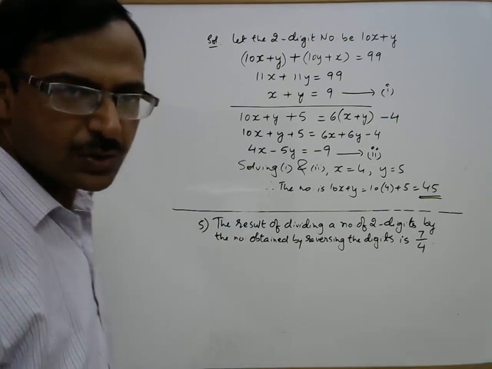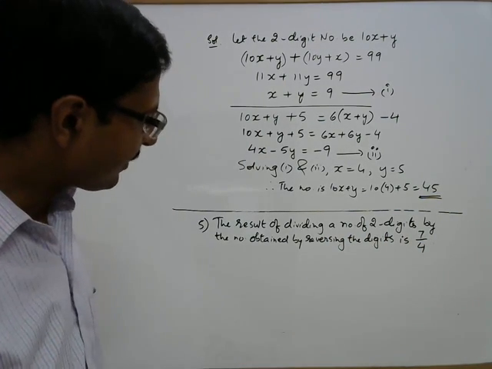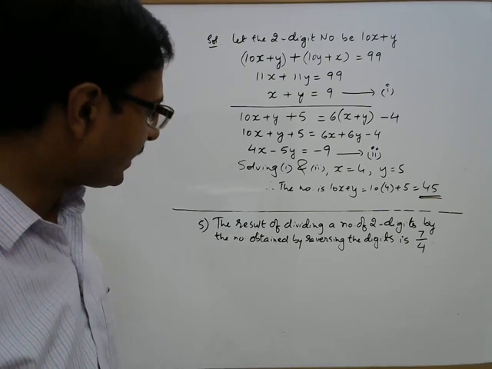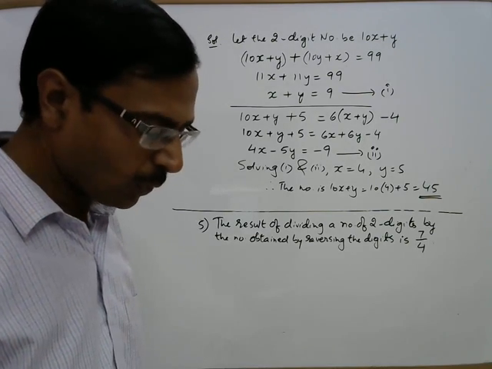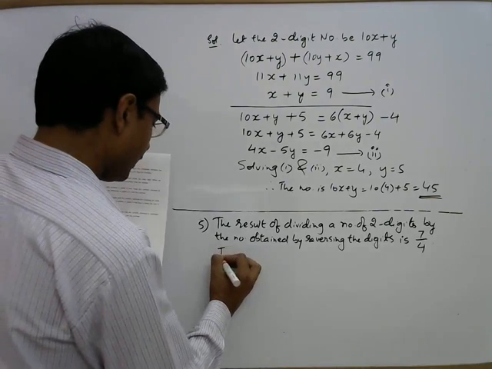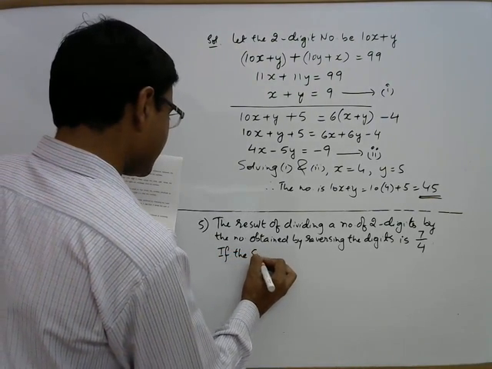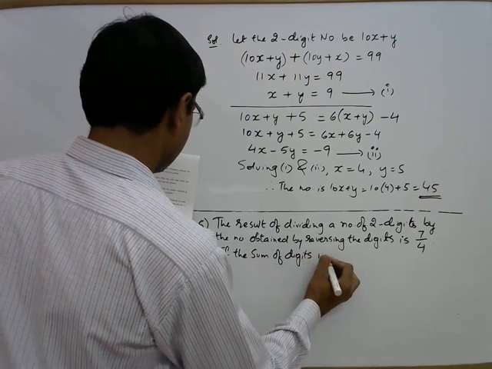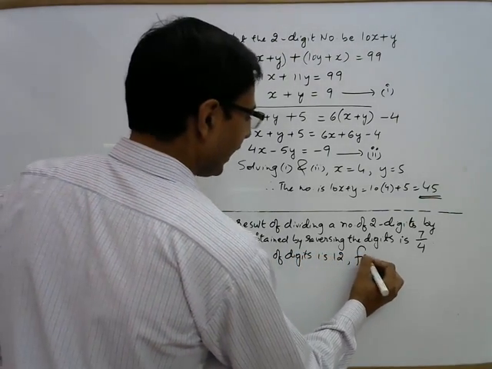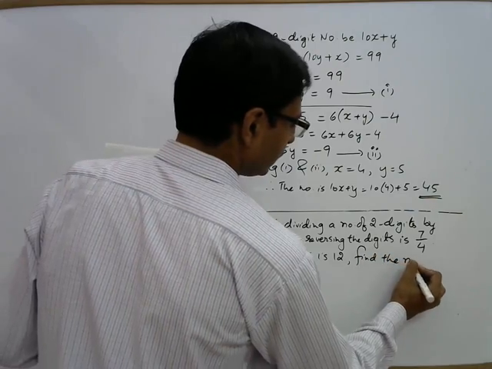This is the first equation which is given. The result of dividing a number of two digits by the number obtained by reversing the digits is 7 upon 4. If the sum of digits, this is the second equation, if the sum of digits is 12, find the number.